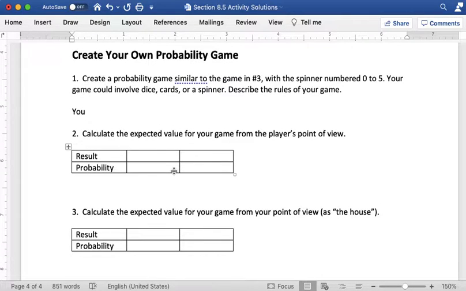So the game that I am going to play is going to involve playing cards. So I'm going to have a $1 bet to play. And what you're going to do is draw one card.